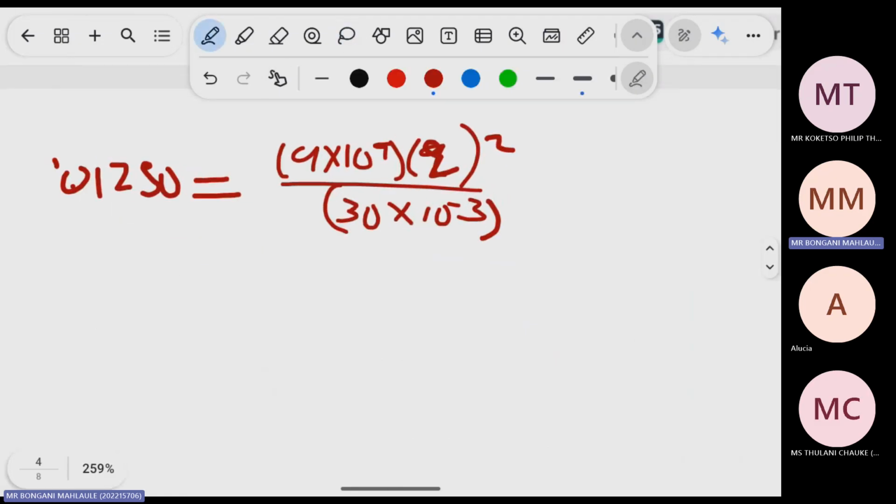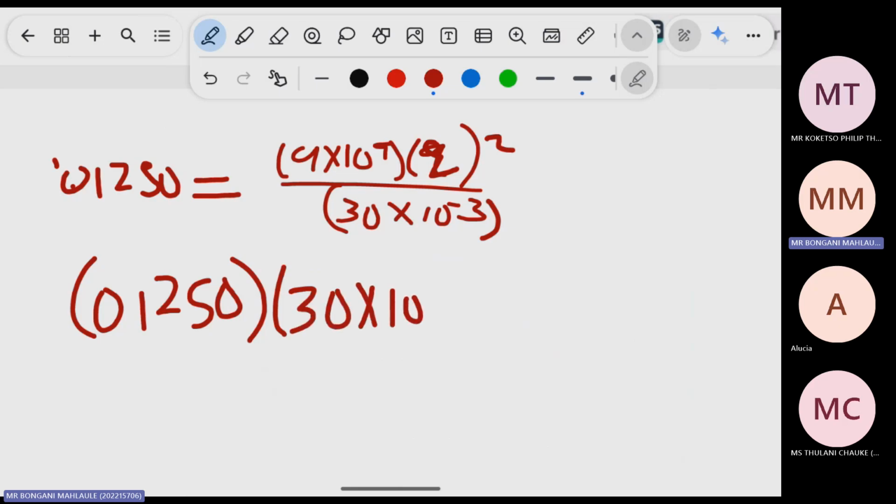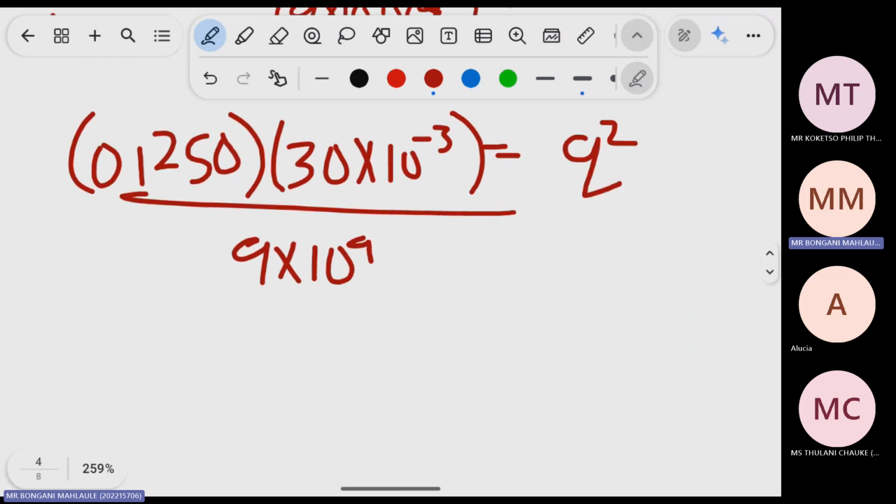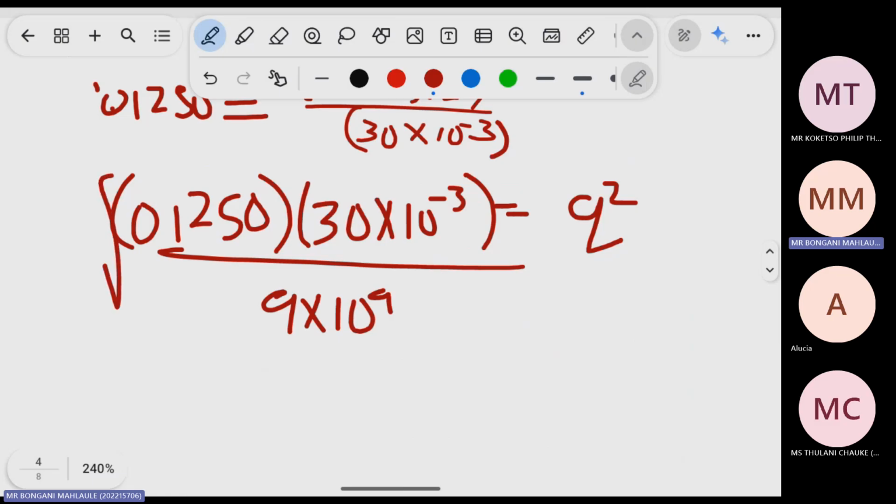So you'll be having this. We'll just divide it. Then you square both sides.